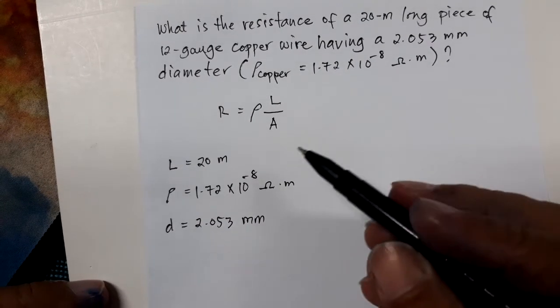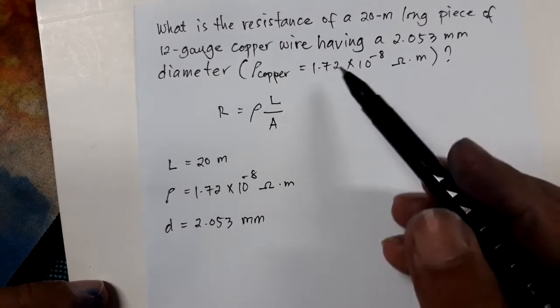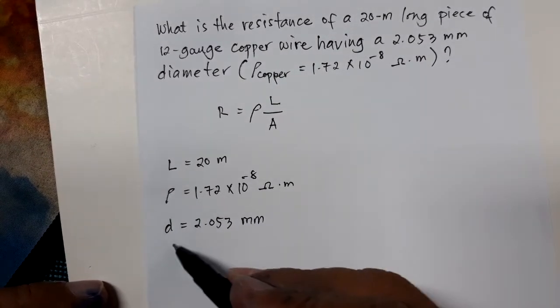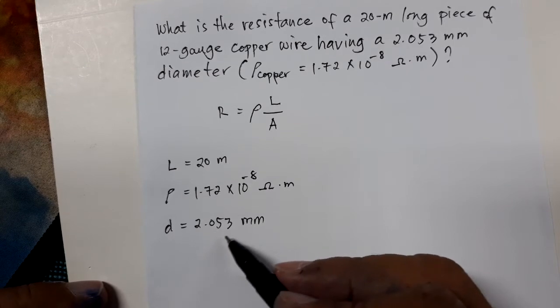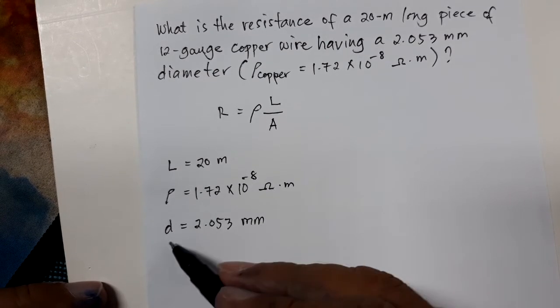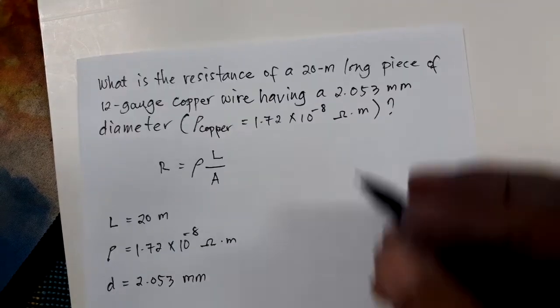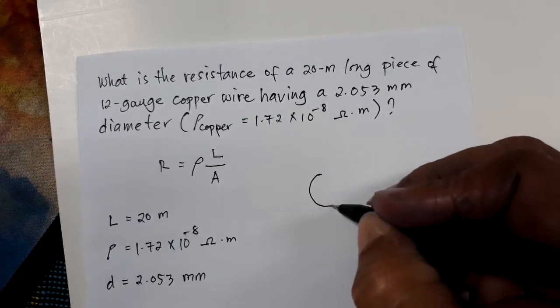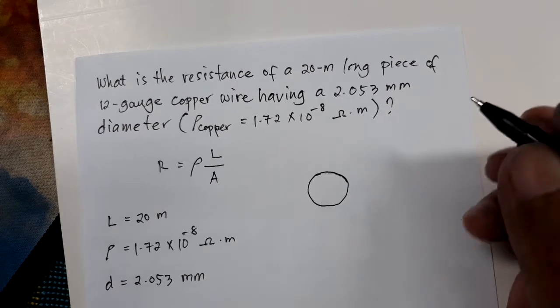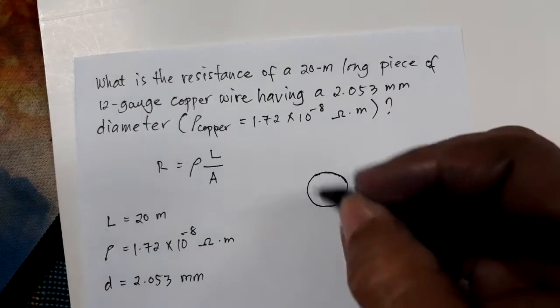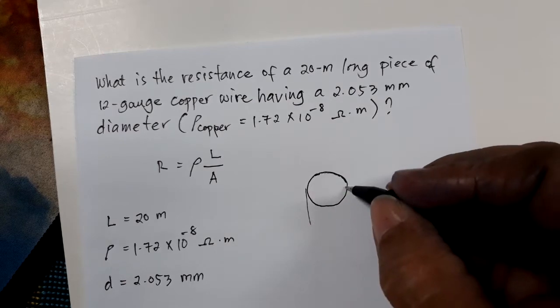So we need to know the area of that copper wire. Of course, the given here is 2.053 mm, the diameter. Let's say this is the wire, and the diameter is given here.